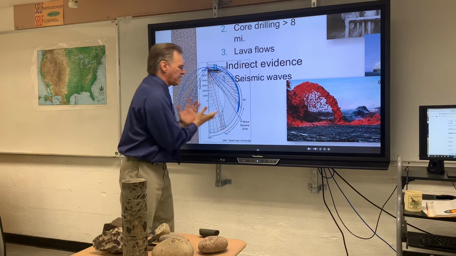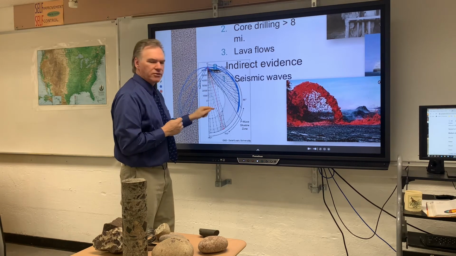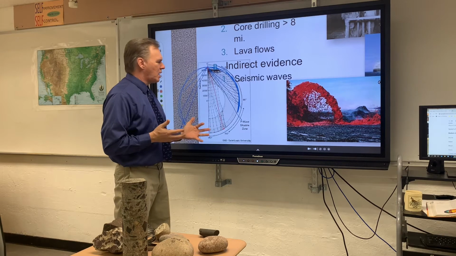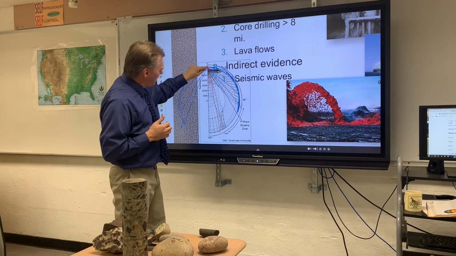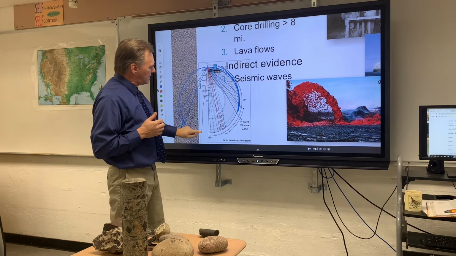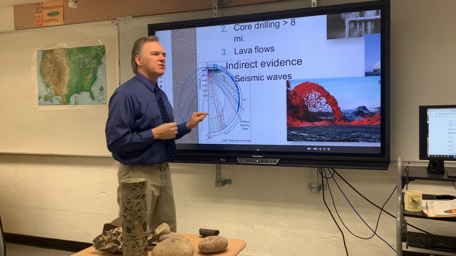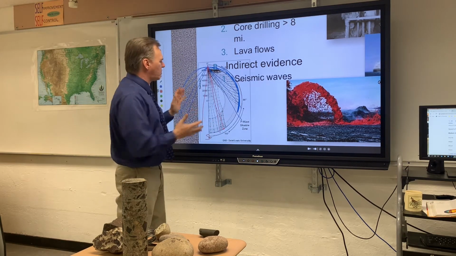You should be able to time it and calculate how fast it would have gone through the different layers. They found out that between here and here, the S waves were getting to the other side of the earth quicker than they calculated. So there must be something else going on.